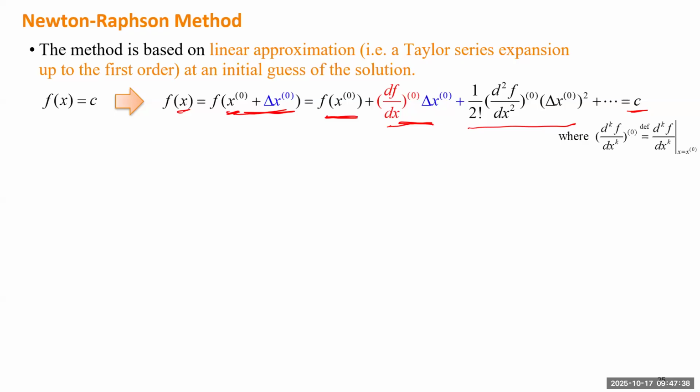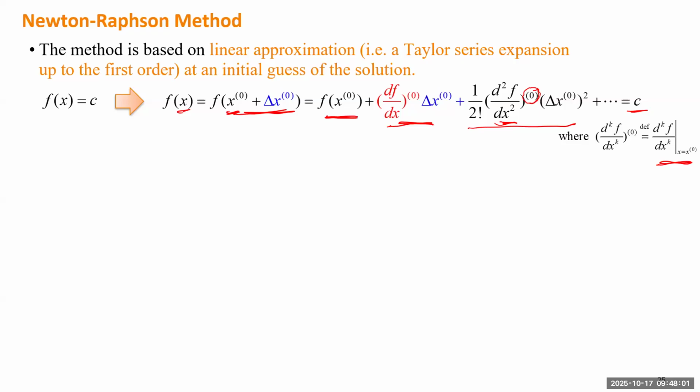So here I put this symbol in the parentheses. That's a derivative of a certain order. On the superscript, I put the parentheses 0. This simply means I'm taking the value of the derivative at the value at that iteration.